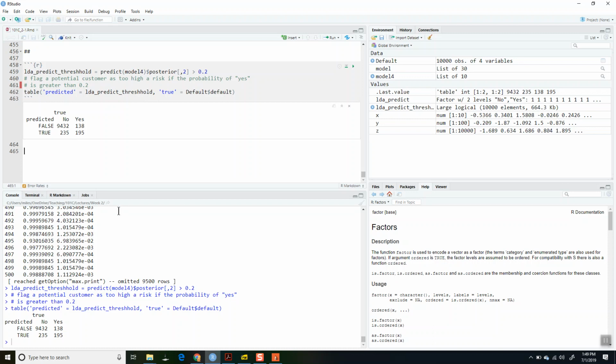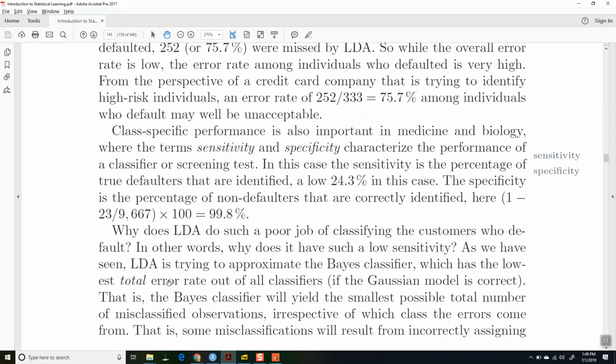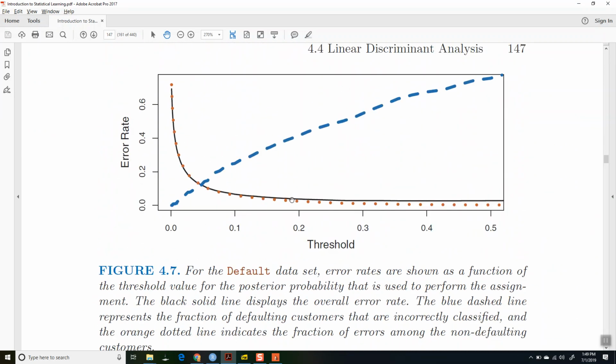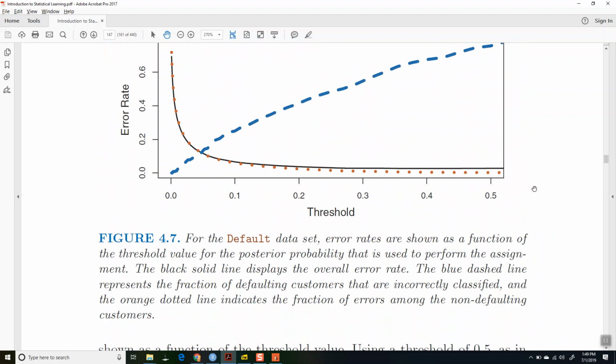Okay, and with the diagram, here we used different thresholds, if we had a threshold of 0.5 versus 0.2 in terms of when to flag someone as defaulting, and which one is our specificity and which one is our sensitivity.